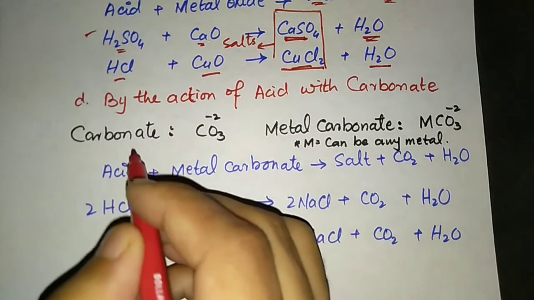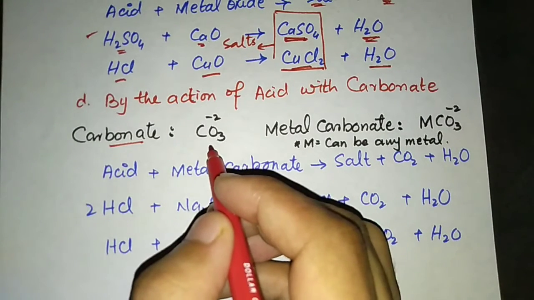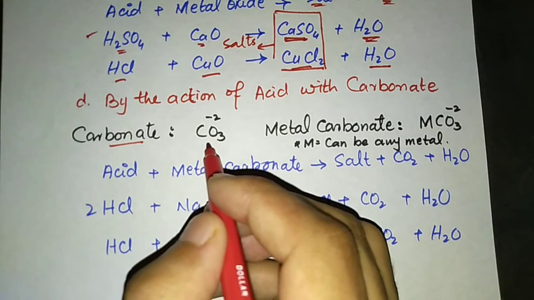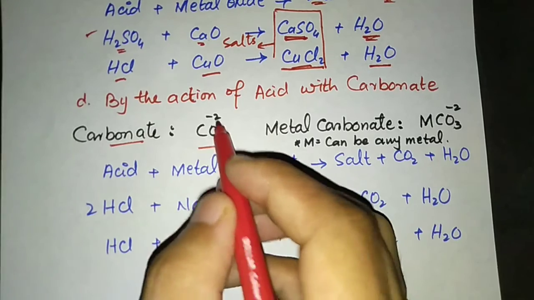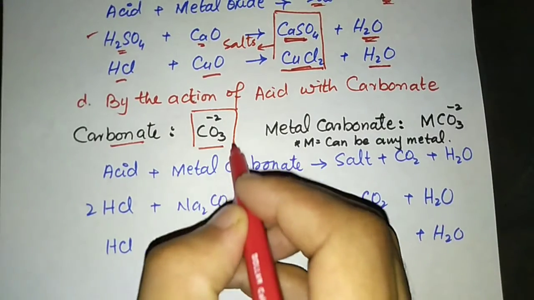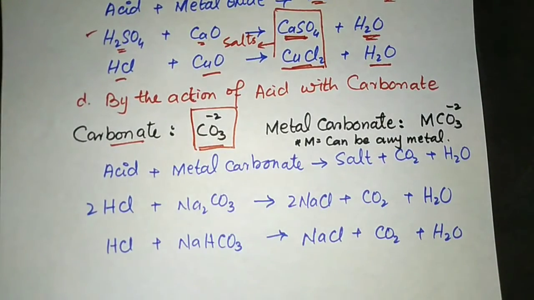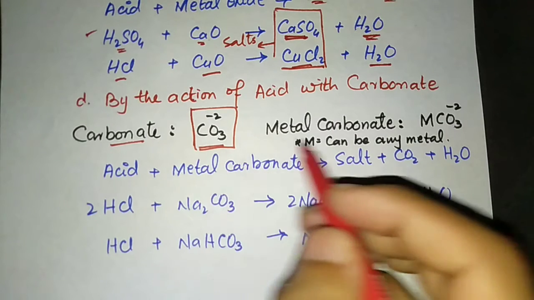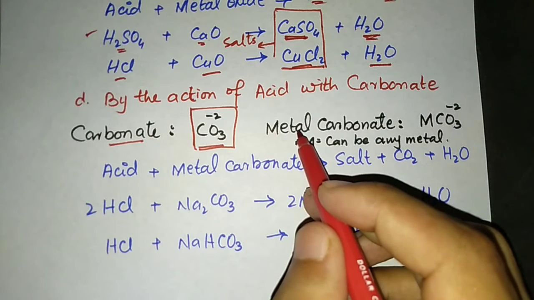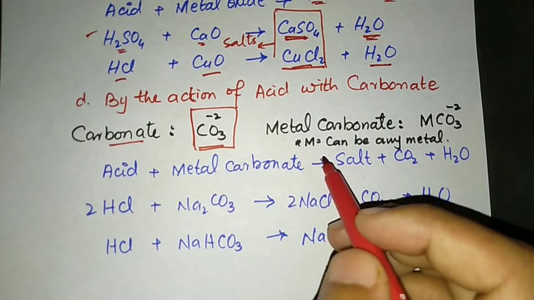What is carbonate? CO3 2-, this anion is called carbonate, and whenever a metal is attached to this anion, it is called a metal carbonate.